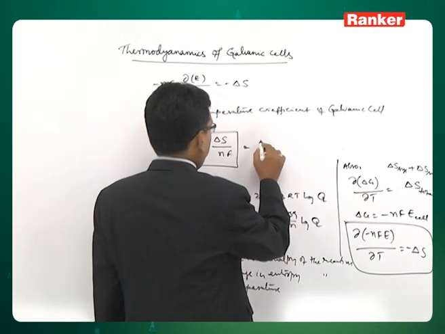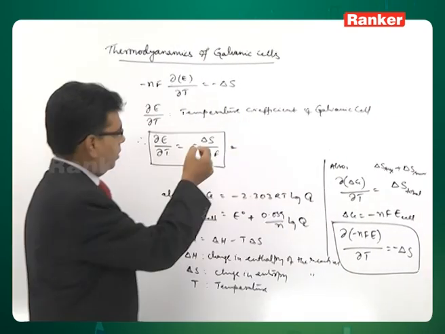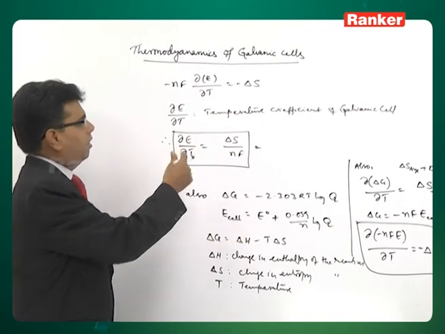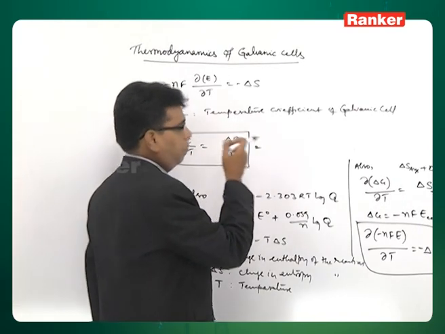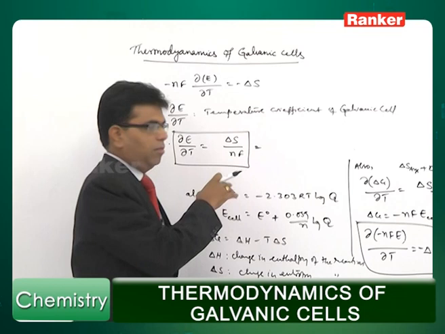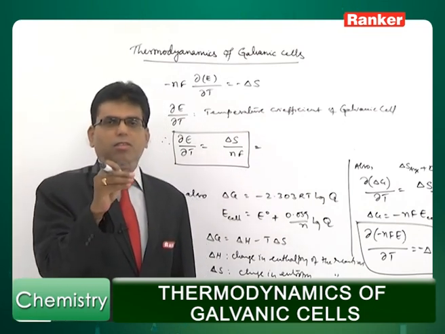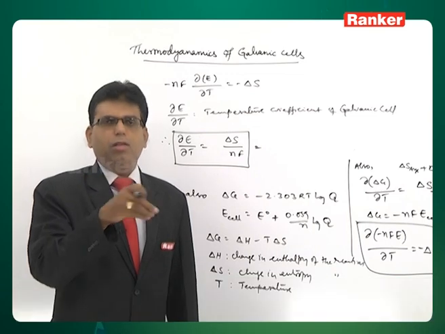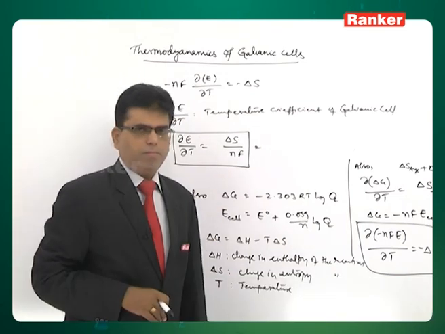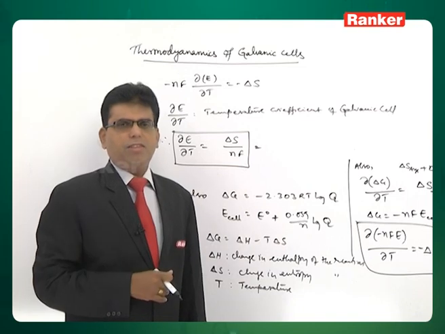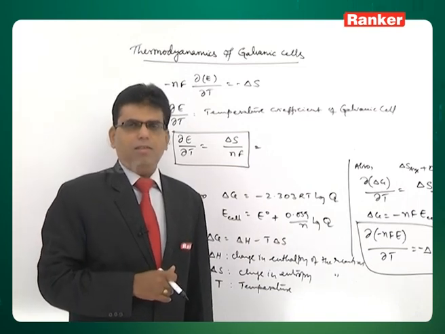This is in fact equal to delta H by T, and so on, various relations we can keep writing. So, this gives us the thermodynamical relations that we can use in the working of a galvanic cell. Next, what we will see is something called Latimer diagrams.